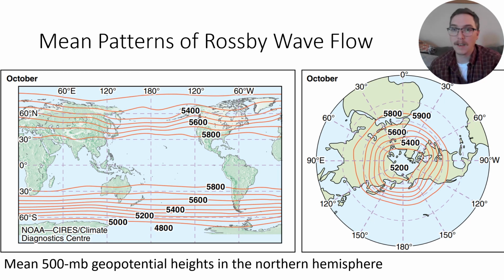And then in October, we can see it's starting to push just a little bit. We can see that 5,800 line kind of in the center of the United States, again pushing a little bit south.